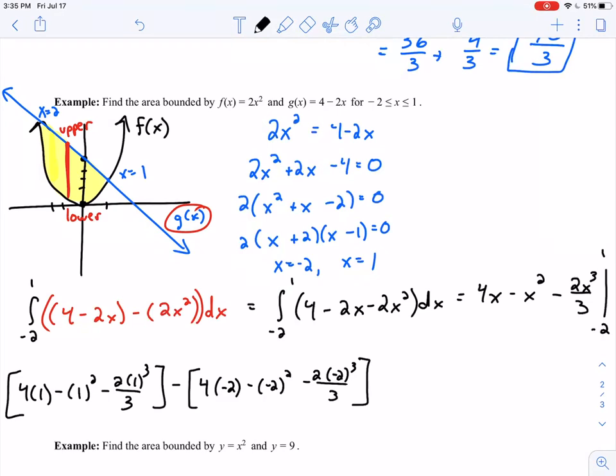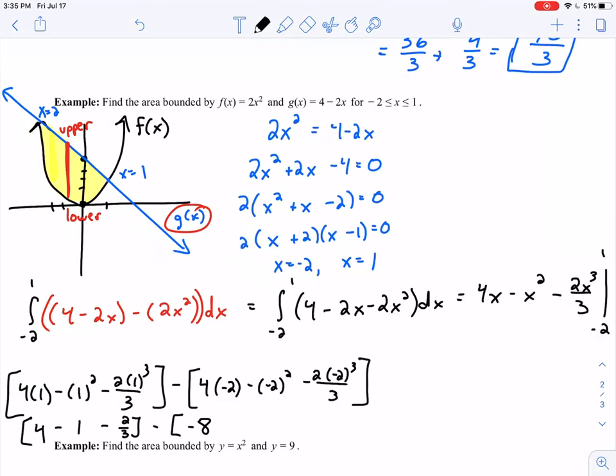So let's see if we can take our time here with this. I will have, and actually let's just do it right below, 4 minus 1 minus, this will be 2 over 3, minus, over here, 4 times negative 2, I've got negative 8.